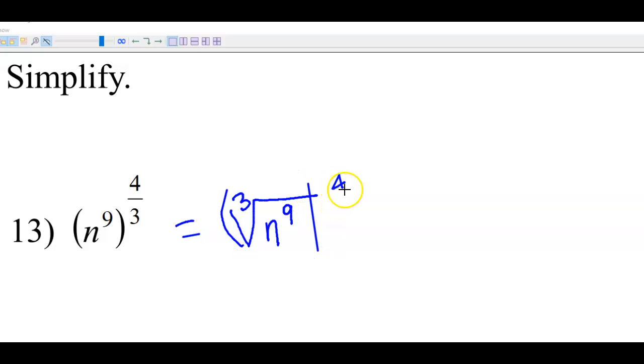We'll evaluate this first. So if I have 9 n's underneath, that means n times n times n can come out, right? Because there's 3 groups of 3 underneath. Nothing would be left inside. Raise that to the 4th power. And that equals n to the 12th.